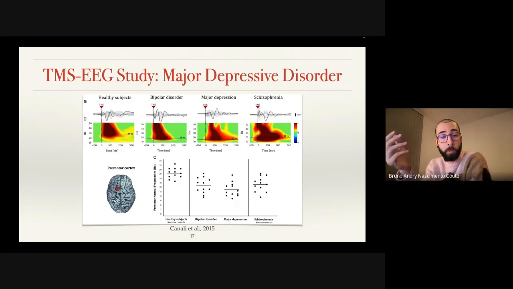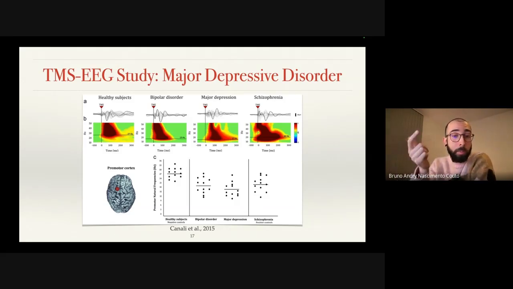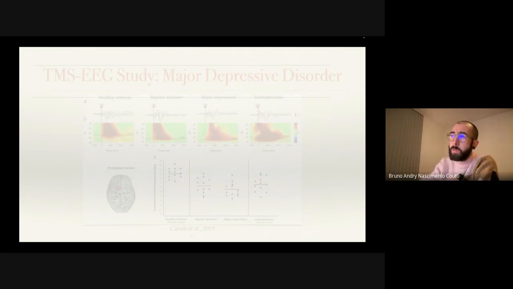So, for instance, we know that bipolar disorder, major depression, and schizophrenia all affect somewhat the prefrontal cortex. So when you look at that, it might not be very specific to the disease, and that is where the work is now. So we're trying to investigate better how we could specifically find decent biomarkers for different disorders.